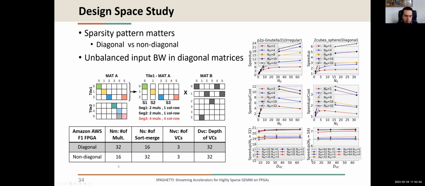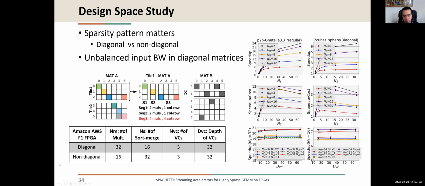As I said, just diagonal versus non-diagonal. We observed that, for instance, in F1 instances, for diagonal matrices, it's better to have more multipliers and fewer sorters and mergers, obviously deeper sorters and mergers. And in non-diagonal matrices, we have only 16 multipliers, but 32 sorters, but obviously smaller sorters.